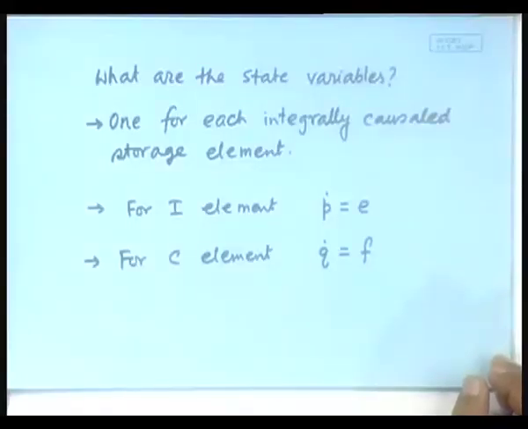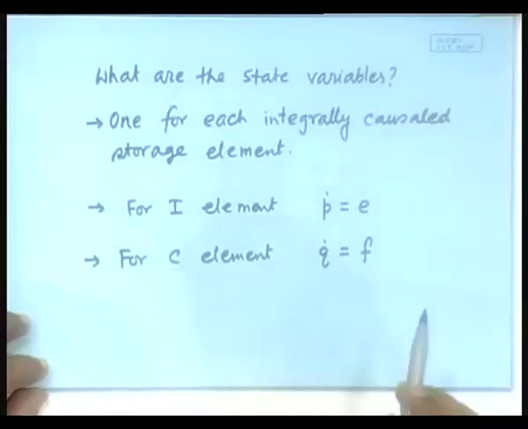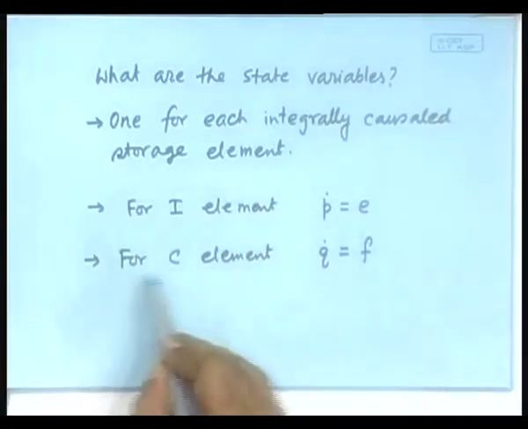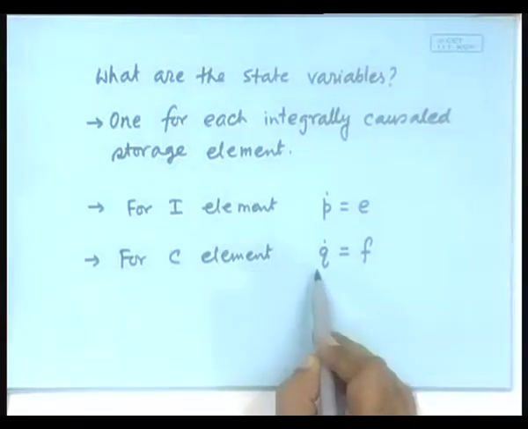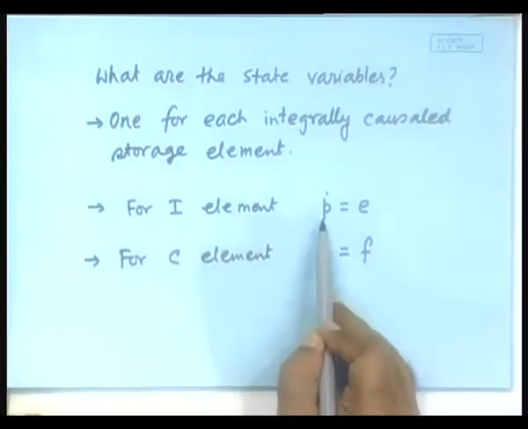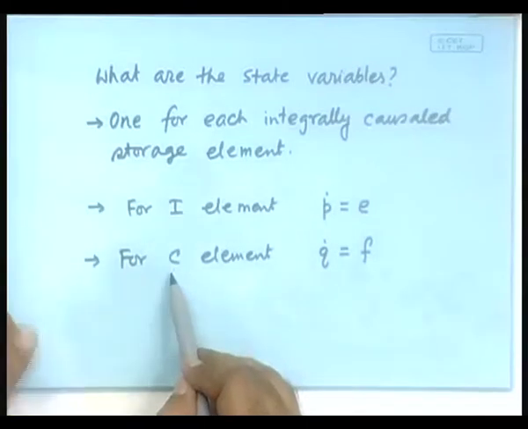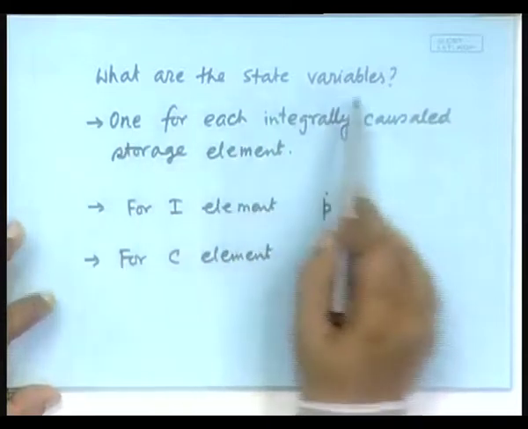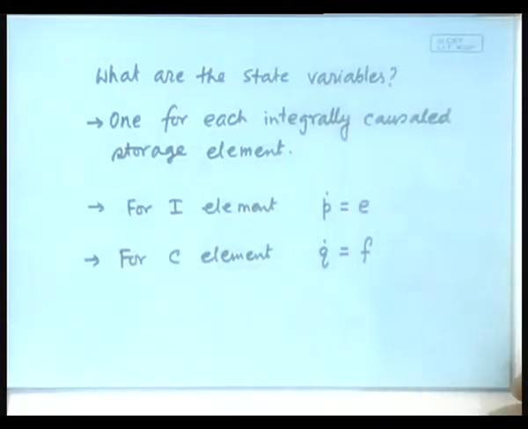So, the whole thing is consistent, it is only a different language in which we are doing it. Which means that for the I element the momentum is the choice of the state variable, for the C element the charge is the choice of the state variable. For every integrally causal I element there should be one P, for every integrally causal C element there will be one Q, clear. So, the choice of the state variable should be clear from this.